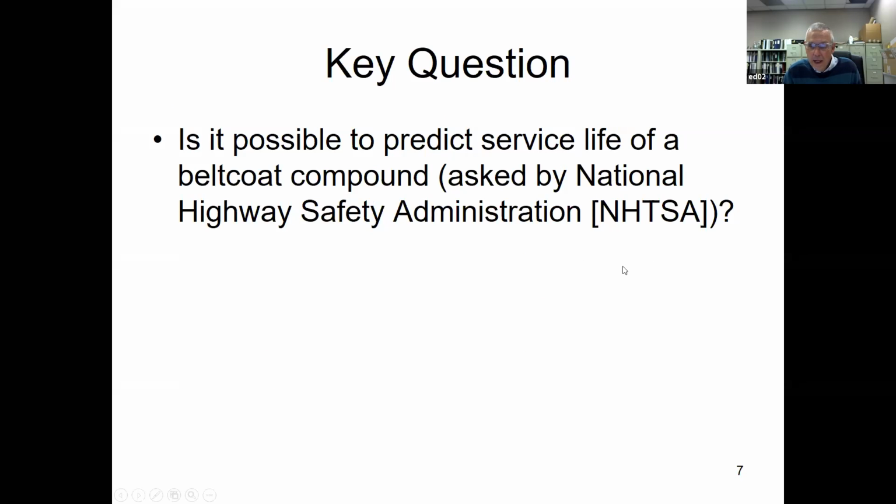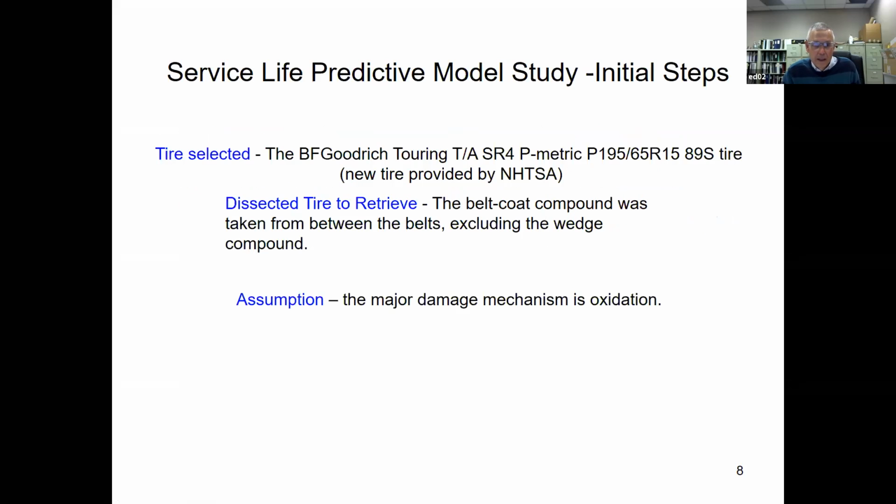NHTSA asked the question, is it possible to predict service life of the belt coat compound in a passenger light truck tire? The tire that was selected for the study was a BF Goodrich Touring TA, P195/65 R15. A new tire was provided by NHTSA.